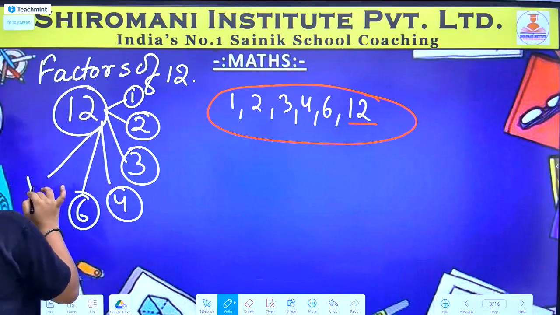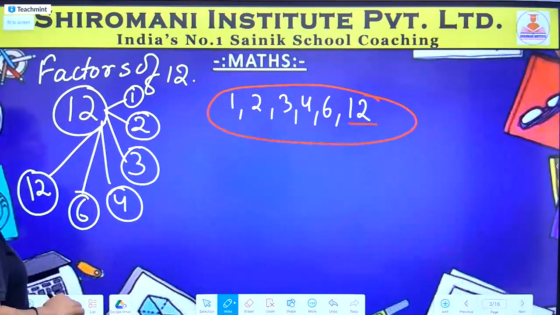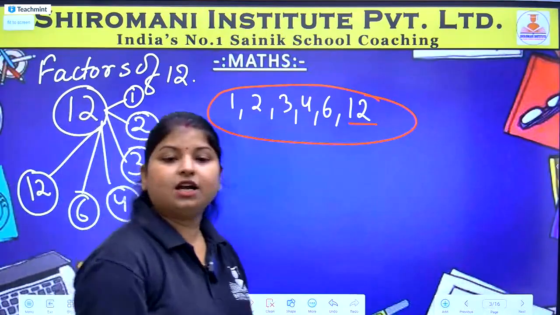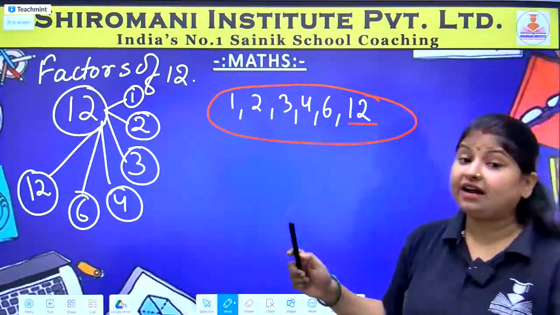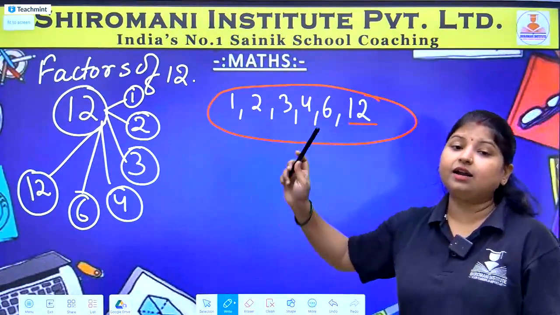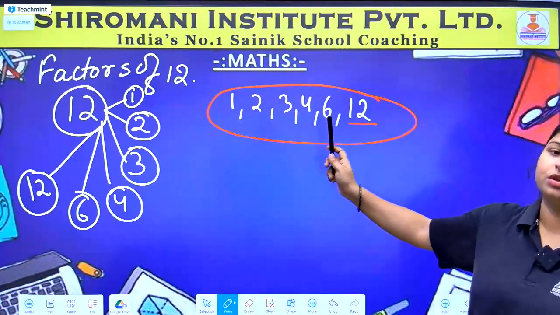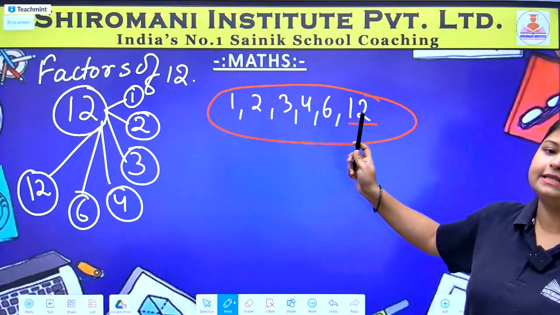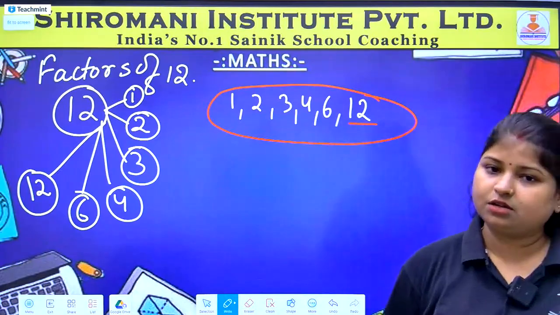And 12 also completely divides. 12 1s are 12. So yes, Arjun, you were right. The factors of 12 are 1, 2, 3, 4, 6, and 12.